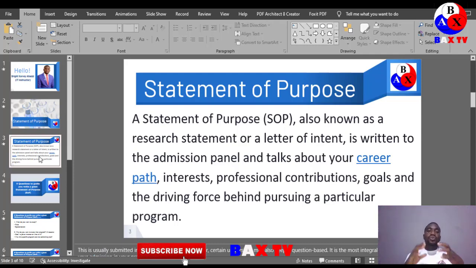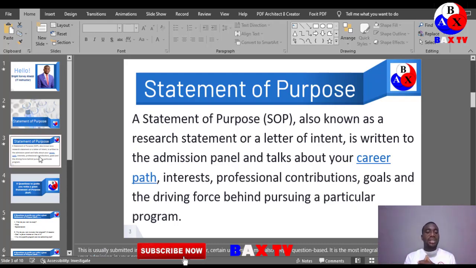Now, you have the desire to pursue a particular program. Let's assume cyber security, that is Master of Science in cyber security. They need to know why you want to pursue that program, your interests, the driving force. What inspired or what informed your decision? All these things should be written in a statement form, and this is what we call the statement of purpose.